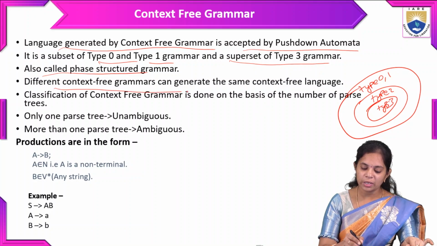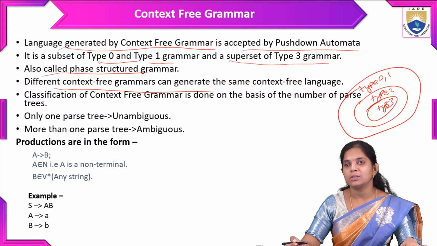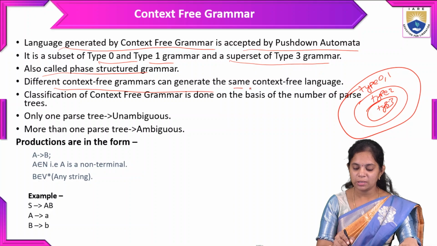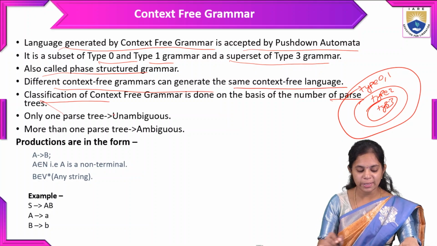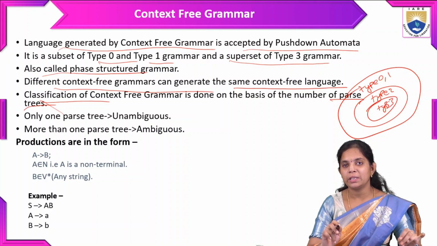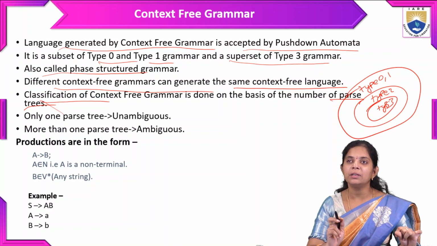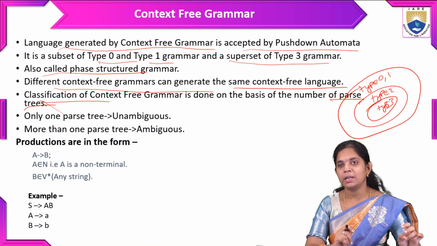Different context-free grammars can generate the same context-free language. The classification of context-free grammar is done on the basis of the number of parse trees, with the right-hand side derivation and left-hand side derivation.